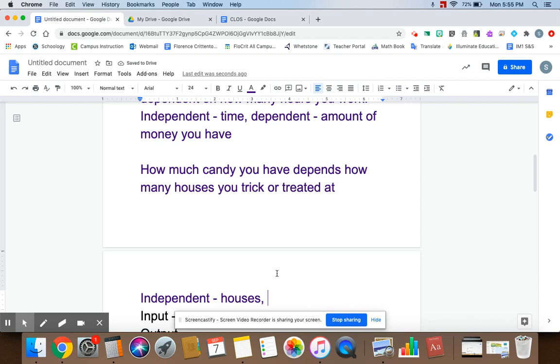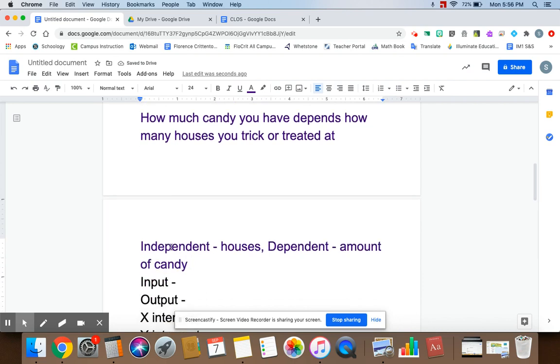But then depending on how many houses you went to, the dependent variable, because it depends on this guy, is how much candy or amount of candy. You can also think how tall you are depends on how old you are. So your height would go here as the dependent variable, and then your age is the independent variable.